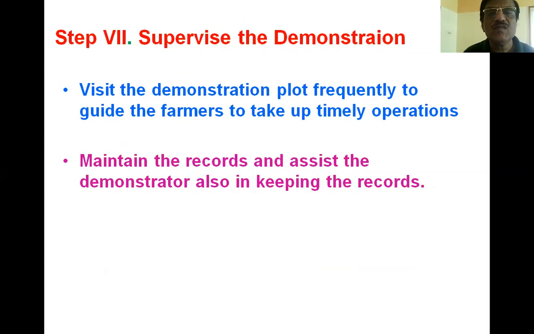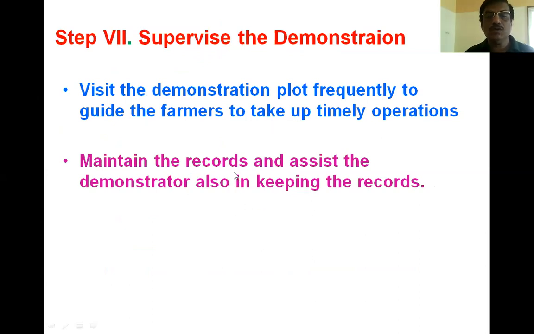Supervise the demonstration. After sowing, visit the demonstration plot frequently to guide the farmers to take up timely operations, educating the farmers about the activities to be carried out after sowing. Then maintain the records and assist the demonstrating farmers.